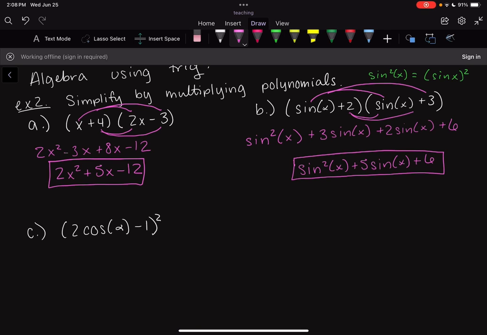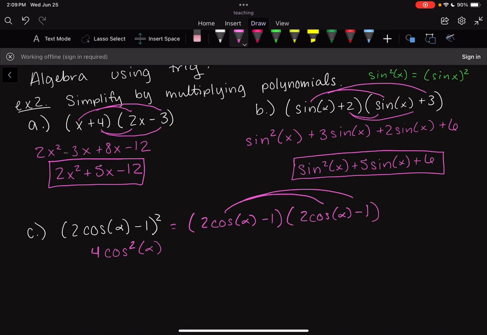So I'm going to rewrite this. I'm going to write it as 2 cosine alpha minus 1 times 2 cosine alpha minus 1. And then I'll go ahead and expand it. So let me do that. So 2 cosine alpha times 2 cosine alpha would be 4 cosine squared alpha. 2 cosine alpha times negative 1 would be minus 2 cosine alpha.